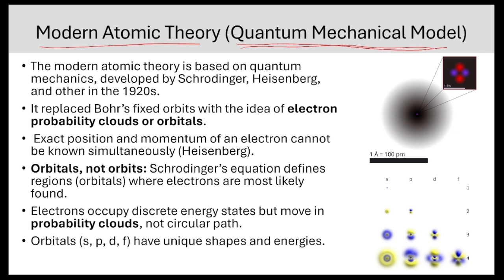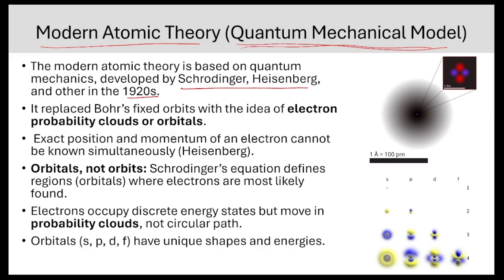This model was developed in the 1920s by physicists like Schrödinger and Heisenberg, and it moves beyond the simple planetary view of Bohr's model and uses a probabilistic approach to define the atomic model.